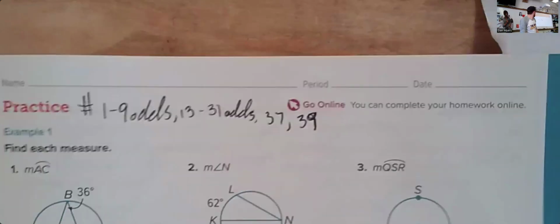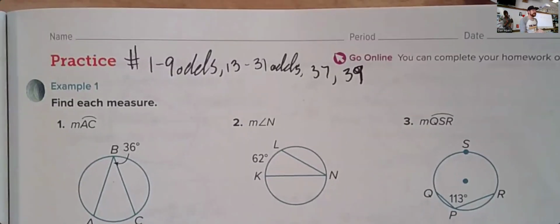And let's see. Oh, 37 for sure. That'll be easy. And 39. So 37 and 39 will be the last two. All right. There we go. 1 through 9 odds, 13 to 31 odds, 37, 39.